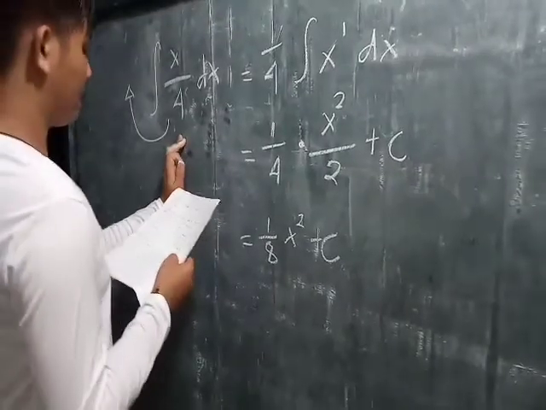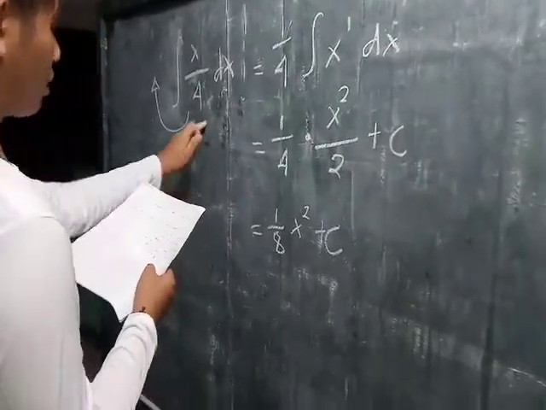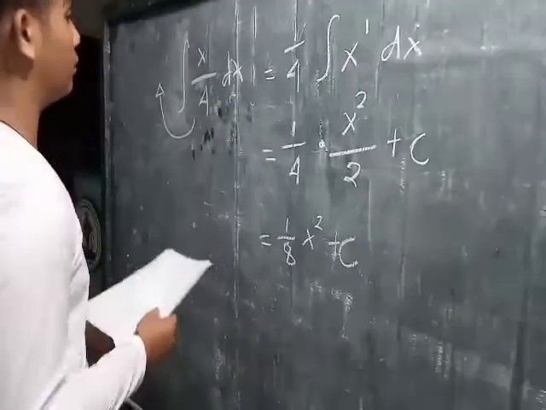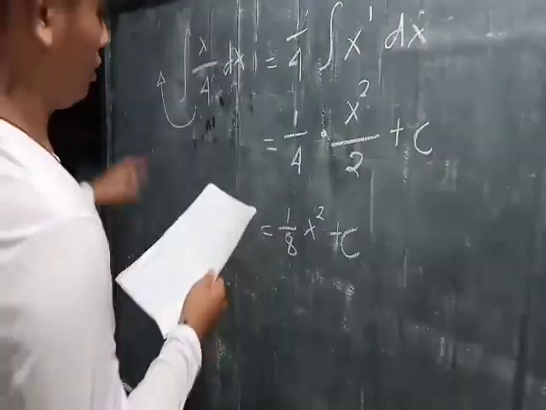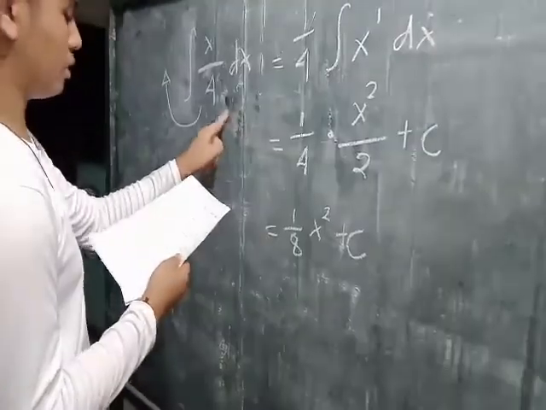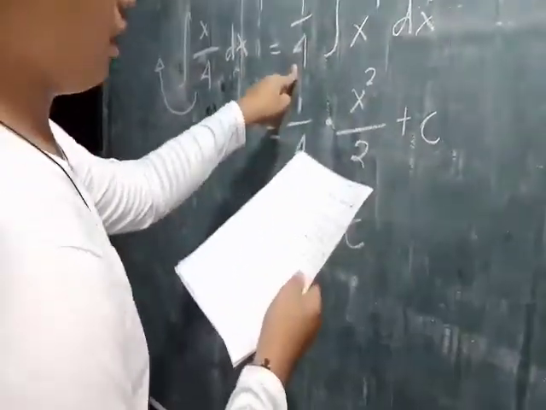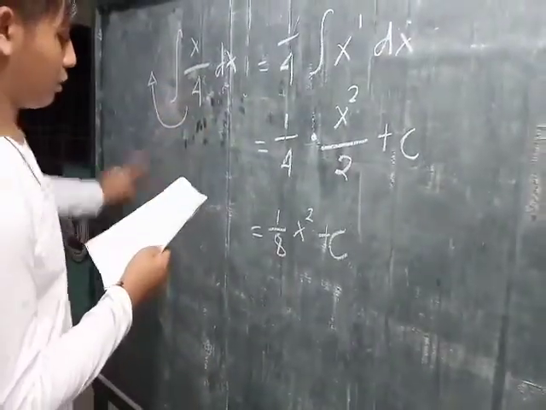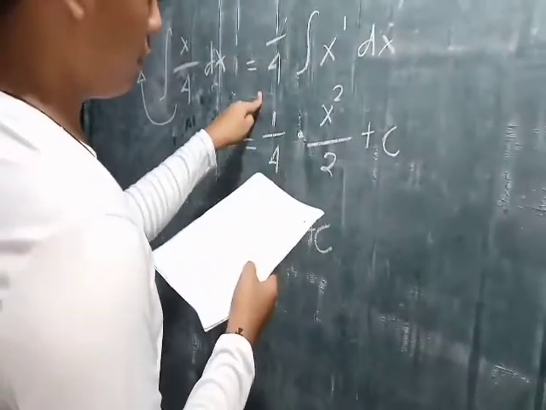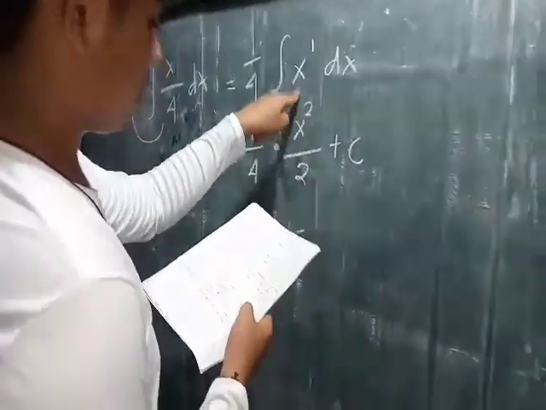What about this? What if we have a fraction? What is the indefinite integral of x over 4 dx? In this case, what we could do is rewrite it. Let's move the 4 to the front, so this is the same as 1/4 times the integral of x dx.